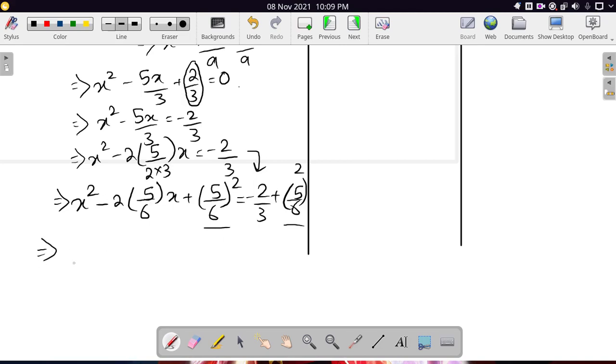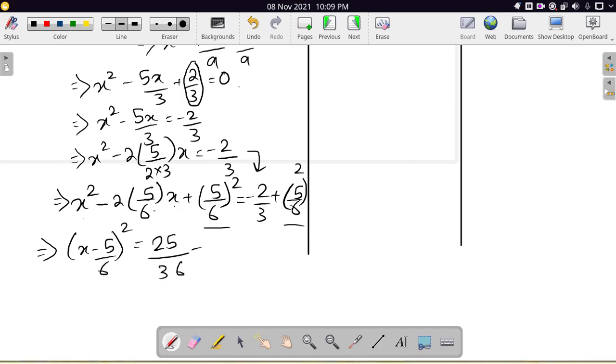So as you can see, this is simply an a minus b whole square formula. a is x, b is 5 by 6. Okay, so this is x minus 5 by 6 whole square. When we evaluate, this is coming out to be 25 by 36 minus 2 by 3.